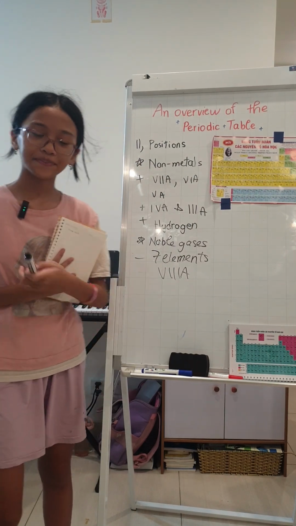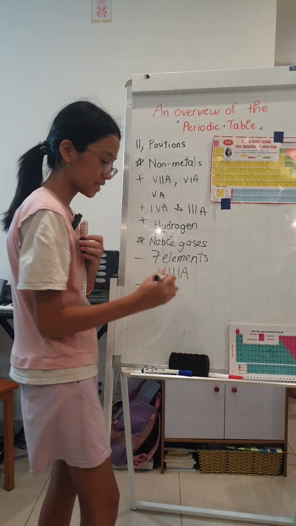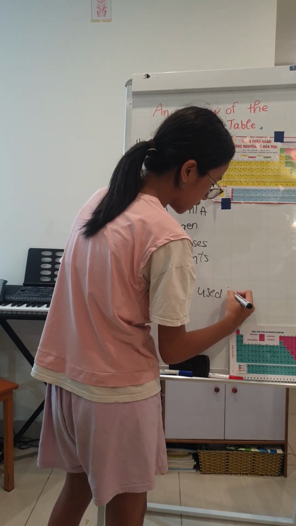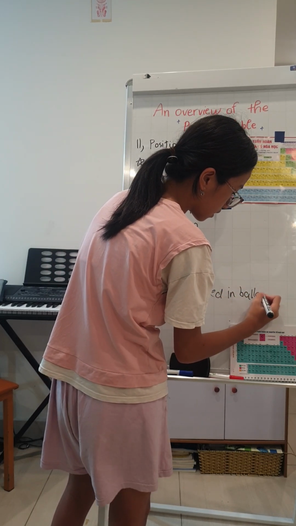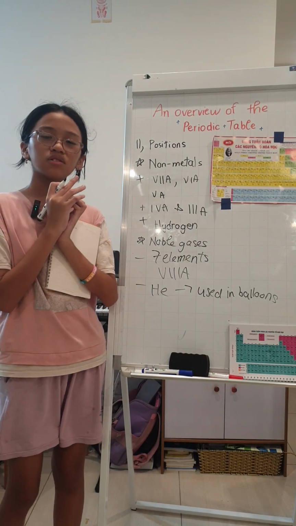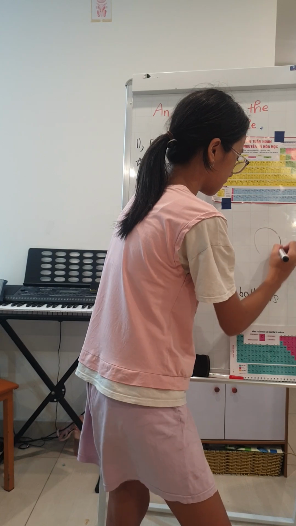For example, helium is a noble gas and is used to make balloons. Used in balloons, you see. So you always wondered why balloons can float up, because there's helium in them.